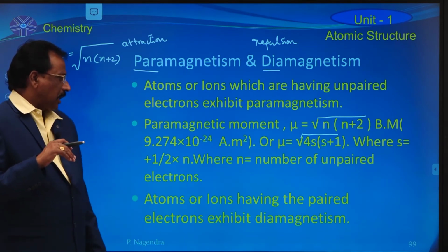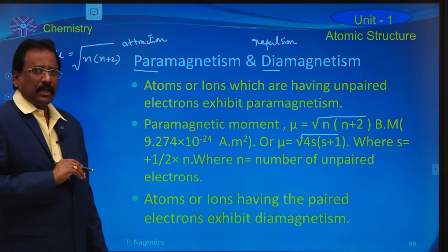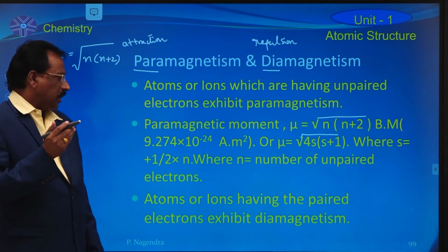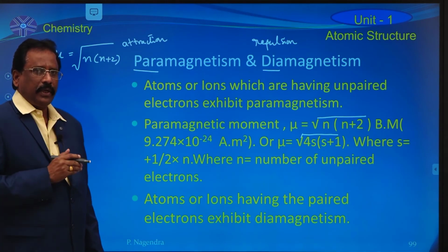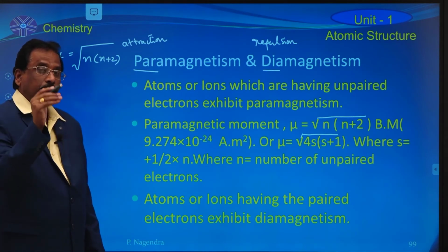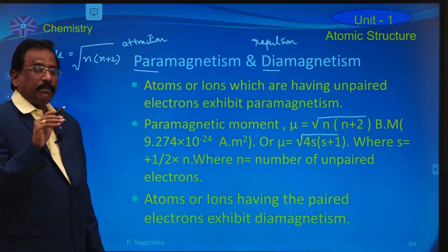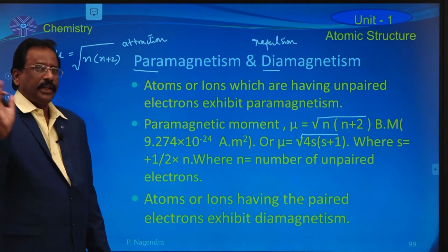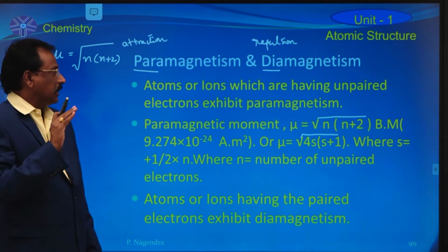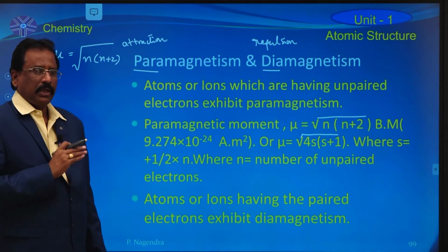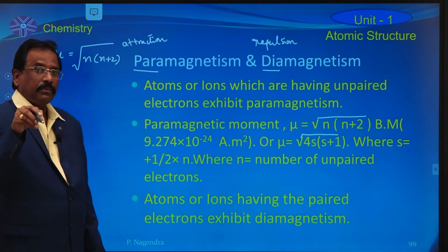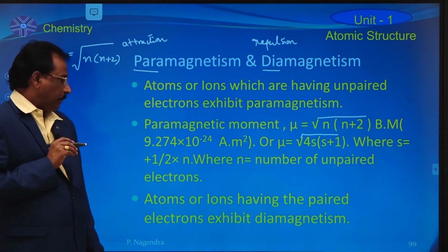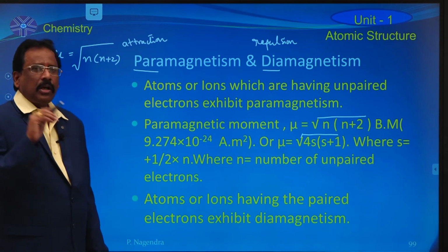If the atom or ion has paired electrons and is placed in a strong magnetic field, due to the presence of paired electrons, that atom or ion is thrown out from the applied magnetic field. That means repulsion takes place because of the absence of unpaired electrons in the second case.